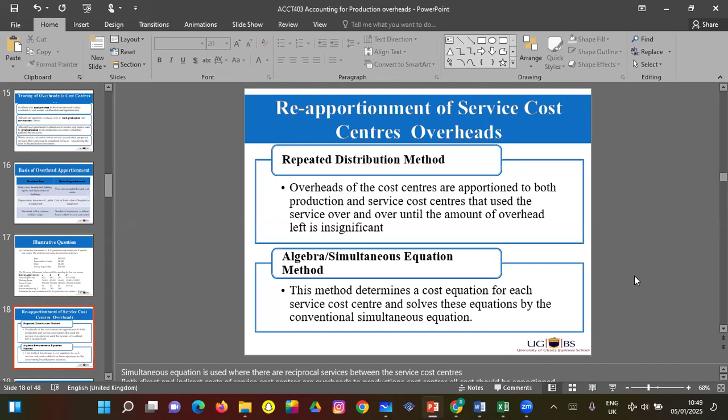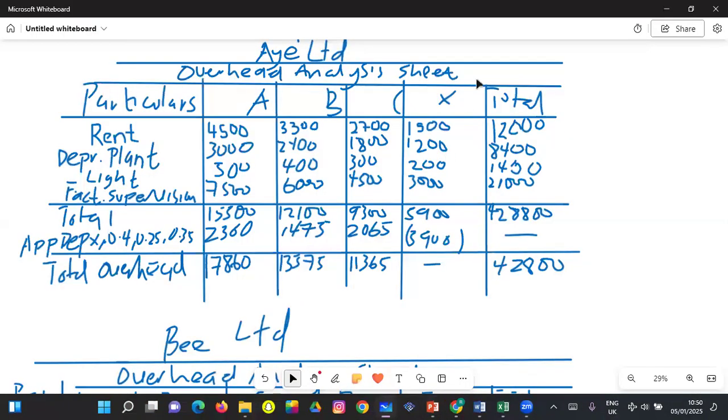So we also have the case of reapportionment. In reapportionment, we have repeated distribution methods. It is more or less like when you have two service departments that also offer service to each other.